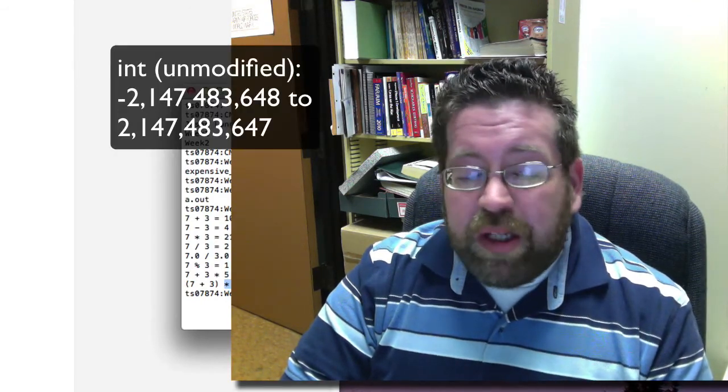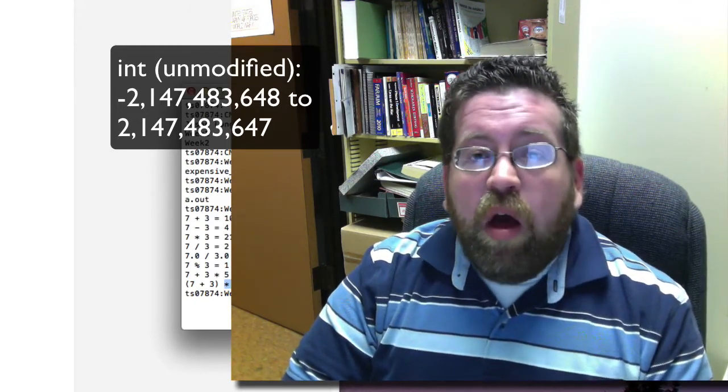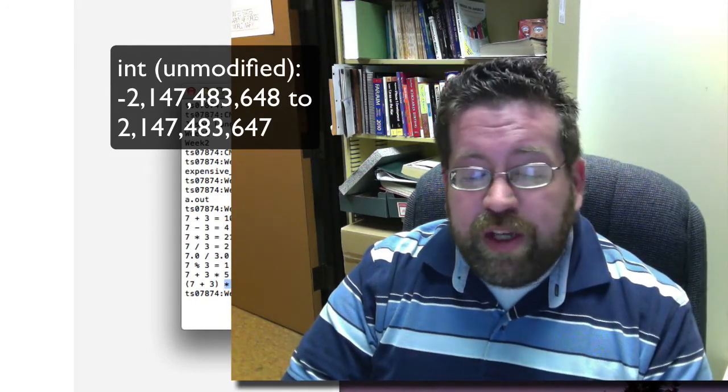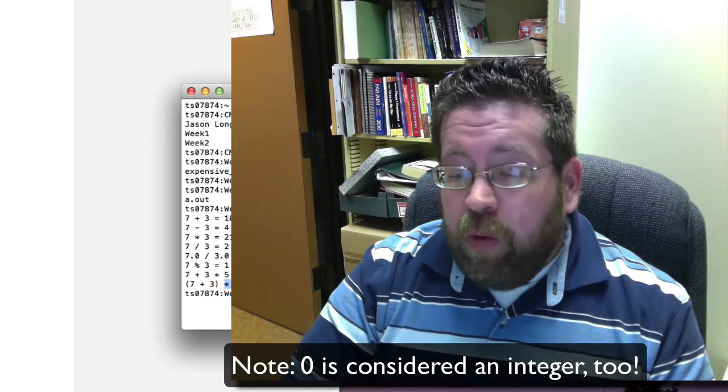Without that short modifier, our int can hold integers from minus 2,147,483,648 all the way up to positive 2,147,483,647. So why would we want to limit how much our variable can hold?